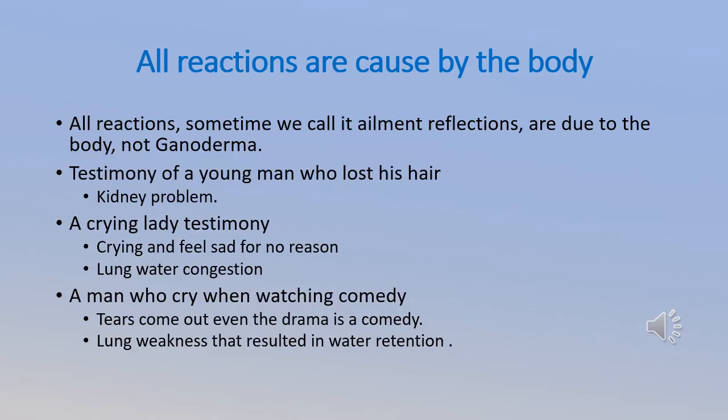There was a lot of water congestion inside the lung and it was very risky. They had to do an operation to drain out the water, so they signed the agreement. In 3 to 4 days they drained out a few liters of water, quite a lot. The doctor told them that if they had come late, it could have been very risky.